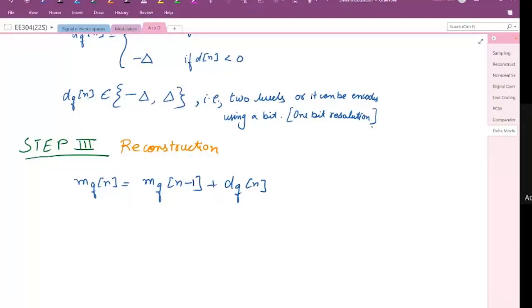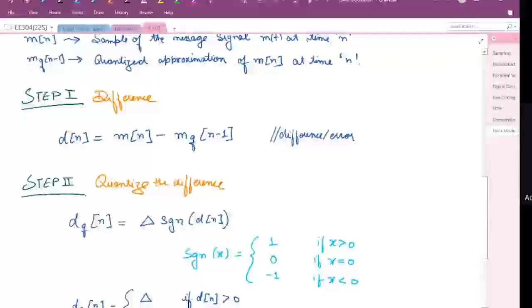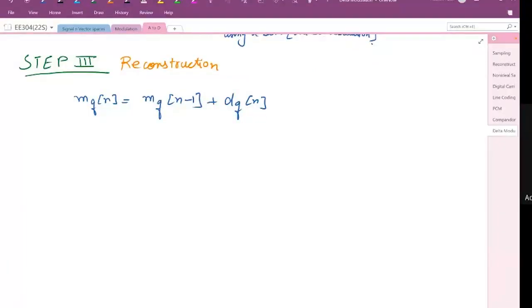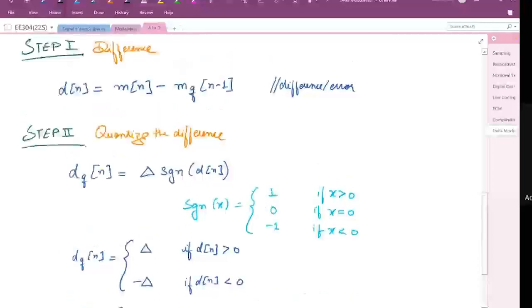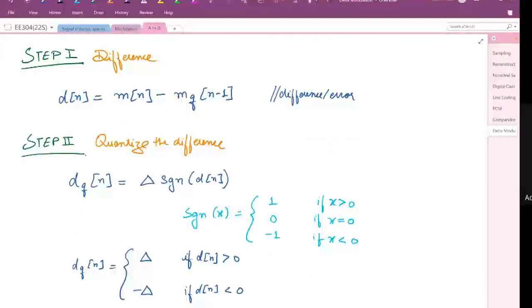At this stage, it is still not clear how exactly delta modulation is functioning by these three steps. Let us take an example and try to understand this. Let me give the essence. In the first stage we obtain the difference between mn and mqn minus 1, and we see whether it is greater than or less than 0.